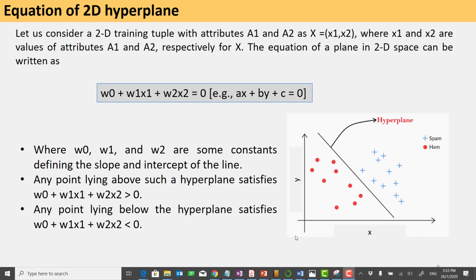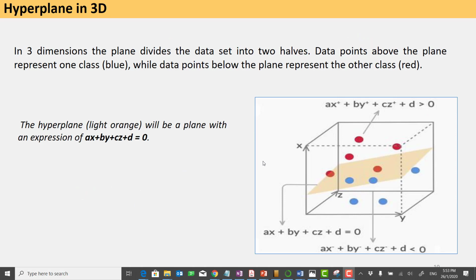But if you move to the 3D plane, the way of looking at it is somewhat different, wherein you have an extra axis, the x, y, and z axes. As you can see in the depiction, the hyperplane is the orange one displayed on the image, which separates the values, differentiating the red and the blue.